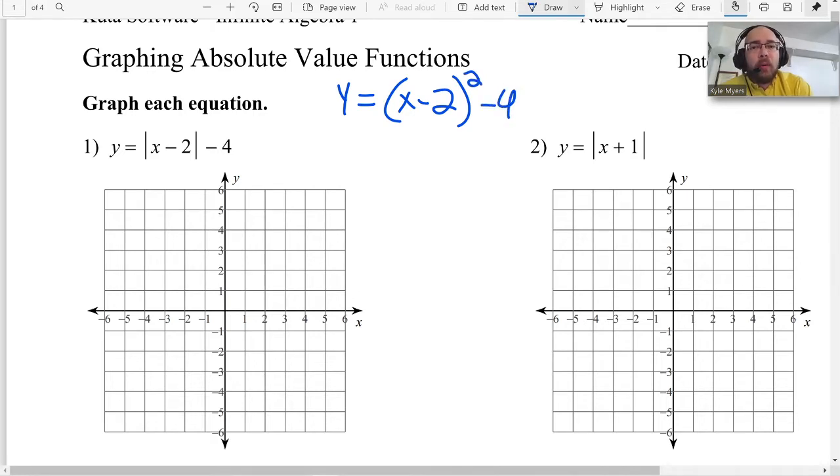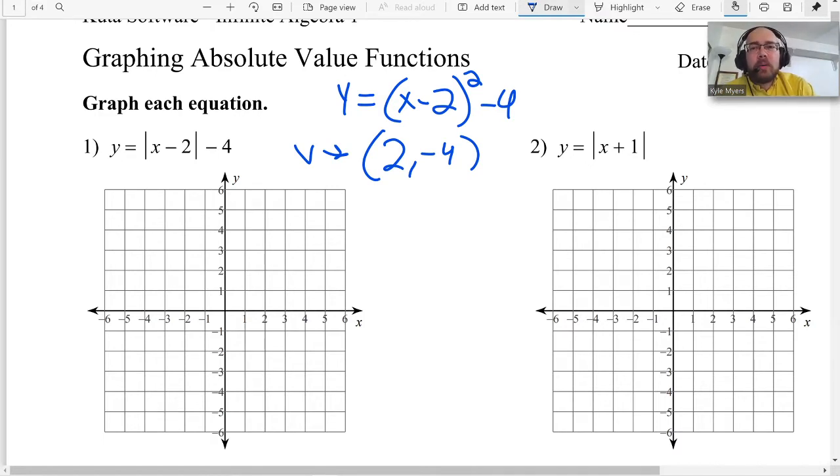Well, when it's in this form, 2 comma negative 4 is the vertex. The vertex is always the opposite of the number in the parentheses, comma the number outside the parentheses, or in this case, the absolute value bars, which are basically parentheses. And that's how you graph it.